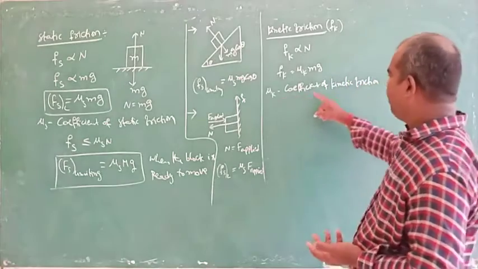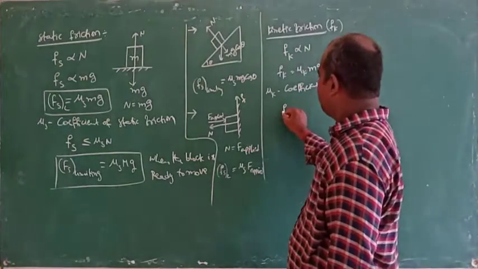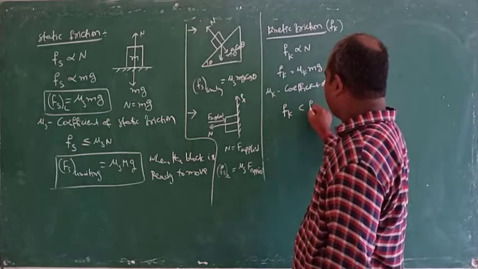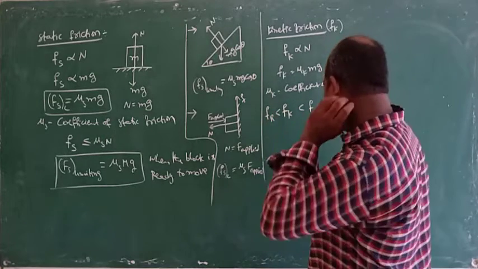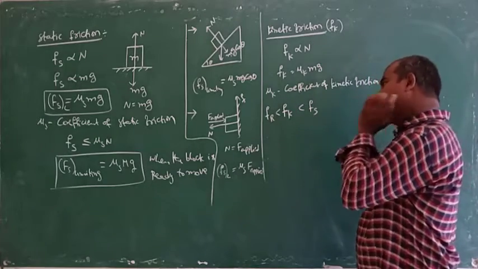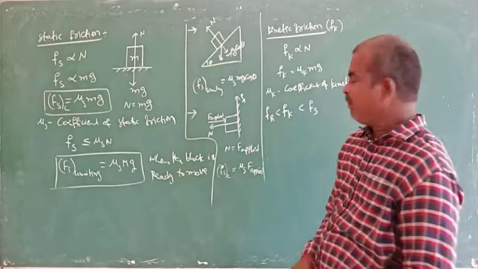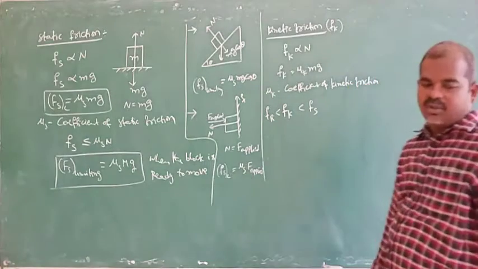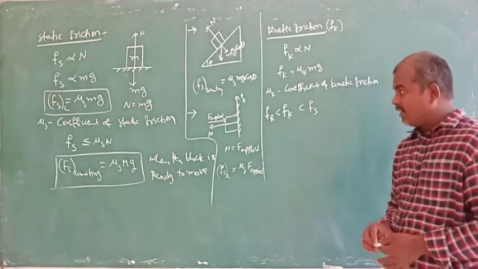So here mu k is the coefficient of kinetic friction. Then Fk is less than Fs, and Fr is less than Fk. Means force of rolling friction is less than force of kinetic friction, which is less than force of static friction.